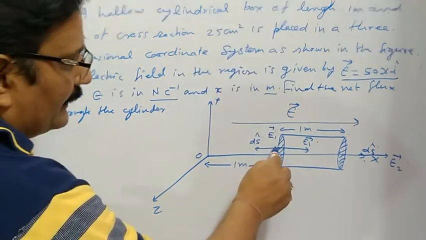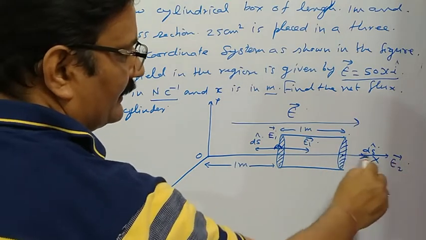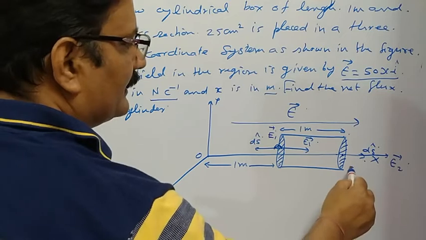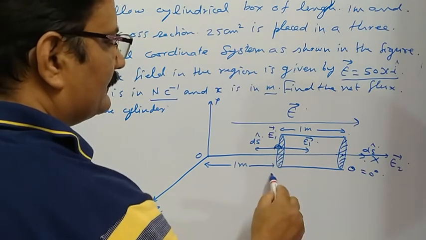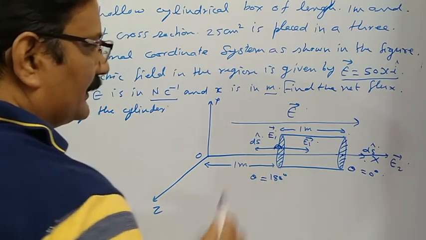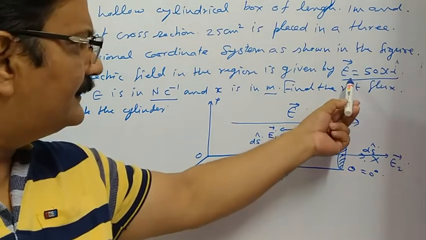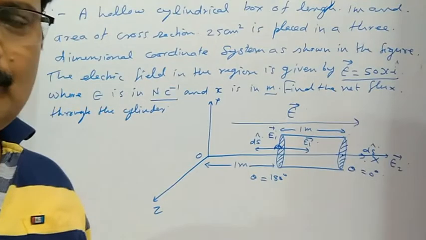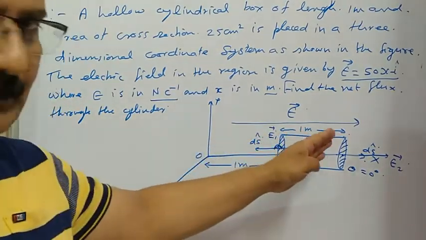But at the second face of the cylinder, the direction of the area vector as well as the direction of the electric field are both similar. That is why theta is 0 degree there, and theta is 180 degree for the first face. But one more thing: the electric field is dependent on distance x, so it is not uniform throughout the space.